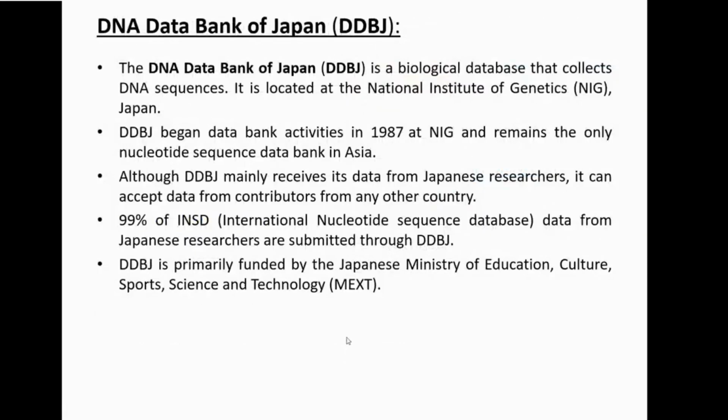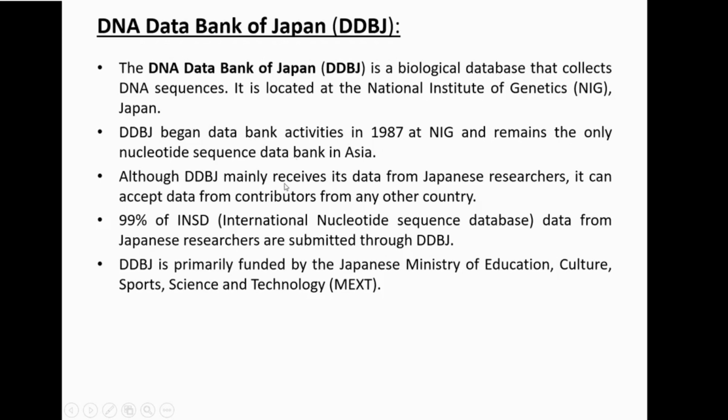So we will start with DNA Data Bank of Japan. The DNA Data Bank of Japan is a biological database that collects the DNA sequences. It is located at the National Institute of Genetics, Japan. The DDBJ began the data bank activity in 1987 at NIG and remains the only nucleotide sequence data bank in Asia.